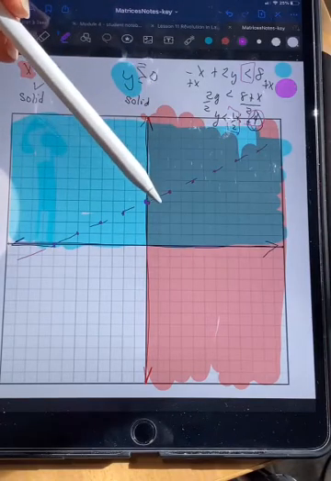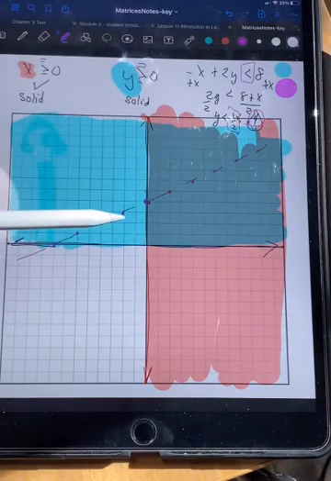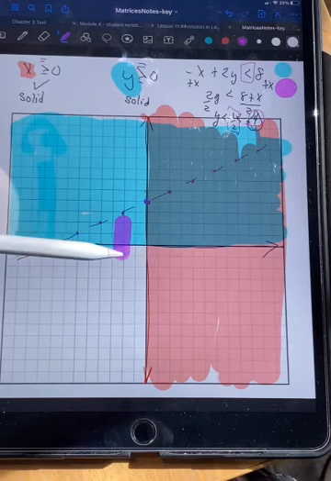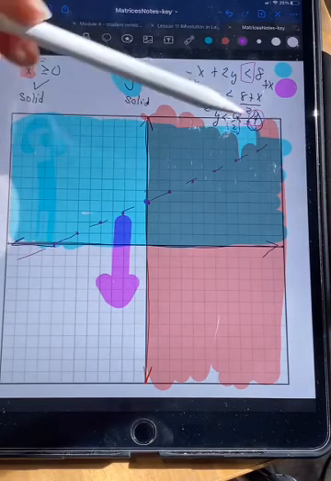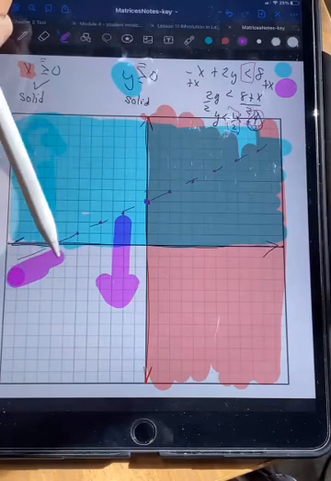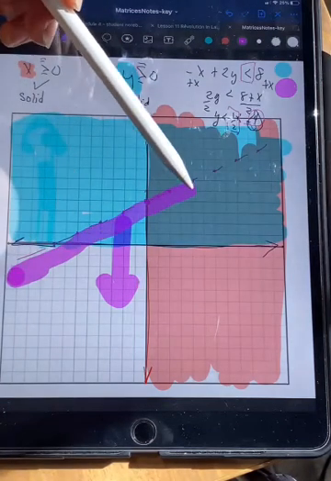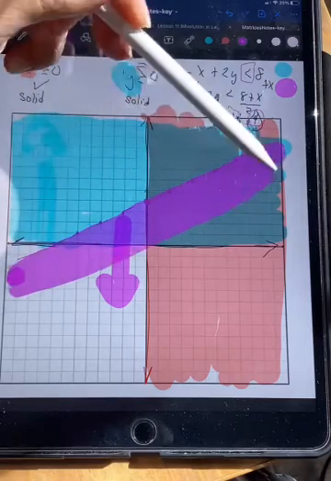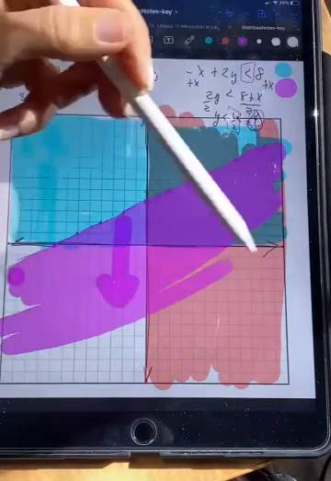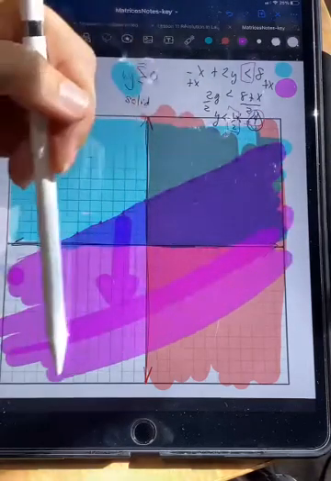And I want y values that are less than. So if I'm on this one dot and I want a y value less than, I'm going to look at a y value that is less than this line. So we're going to shade all of the values less than our line. Right, all the way down.